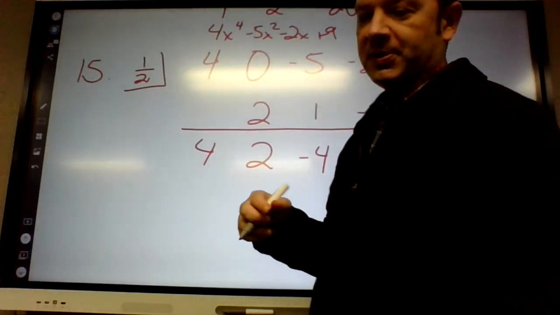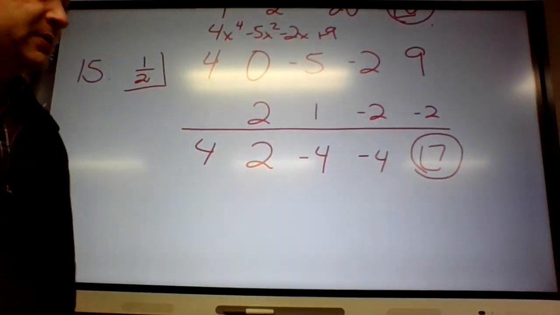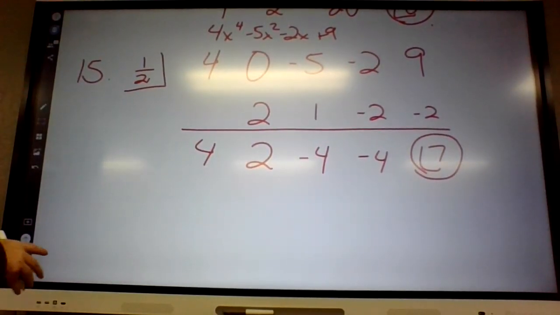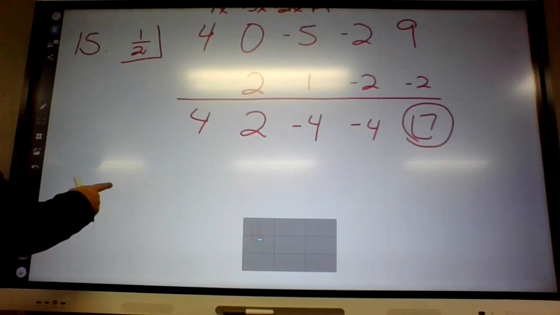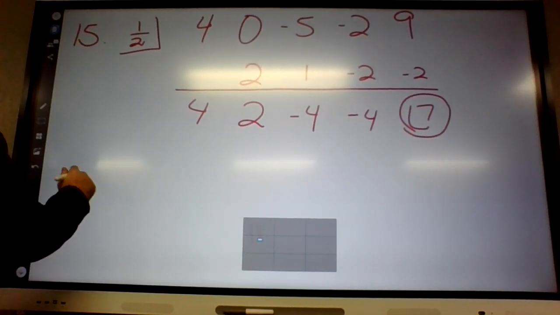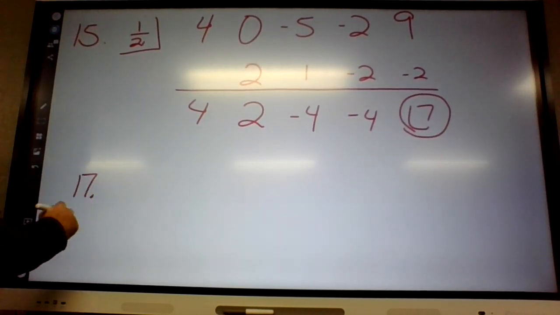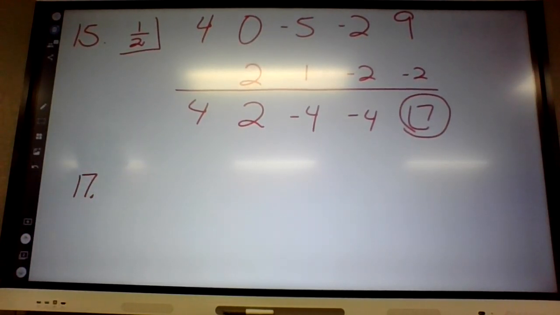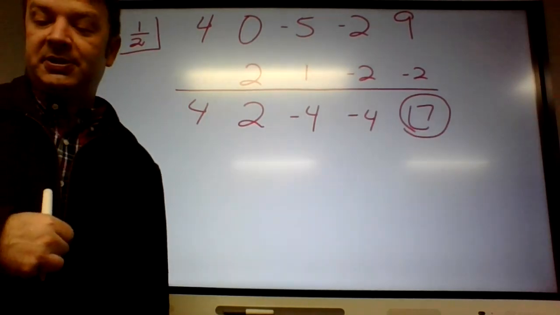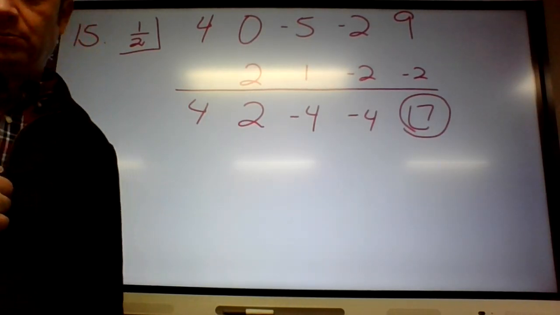Let's see, did I make a mistake? Don't go too fast. I got it right. I was a little bit worried because I went too fast. It's not hard to multiply and add, but when you have to do it like 7 times in a row, it's easy to make a mistake. So just be careful.